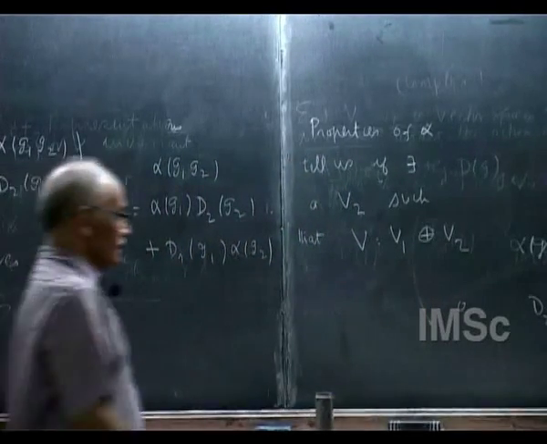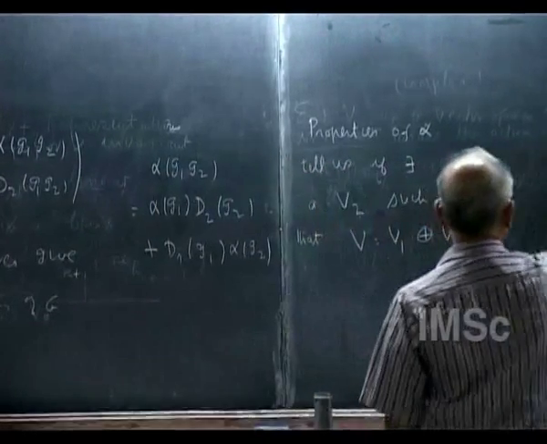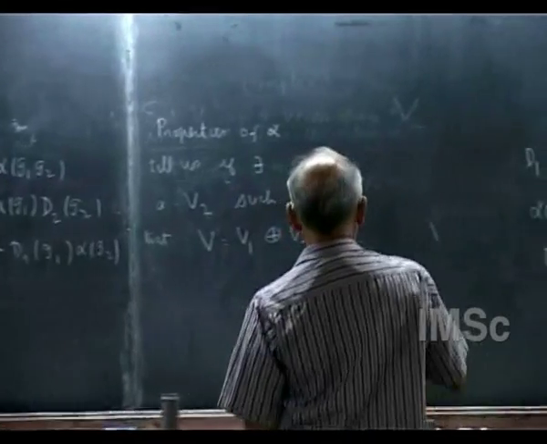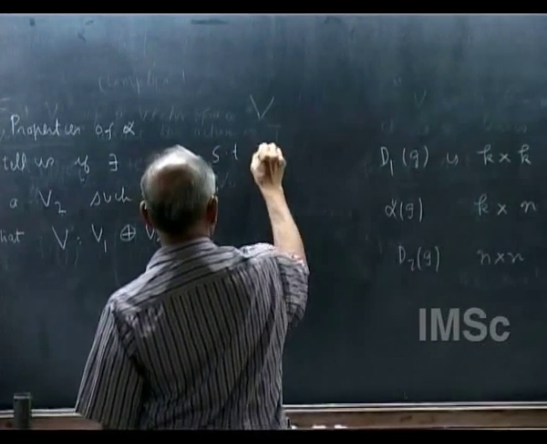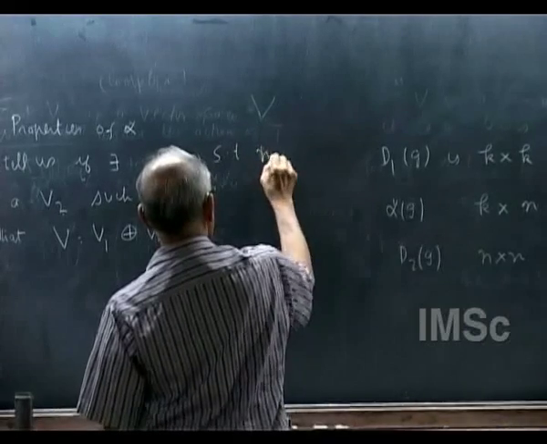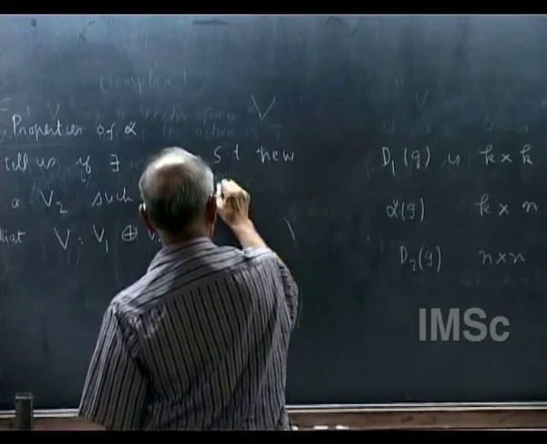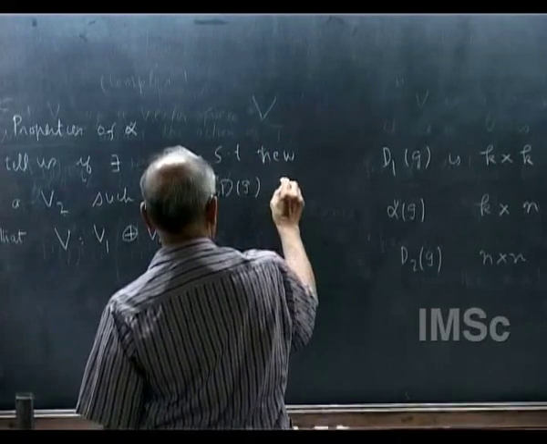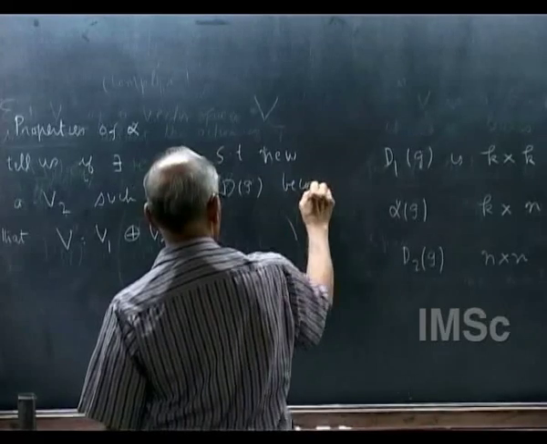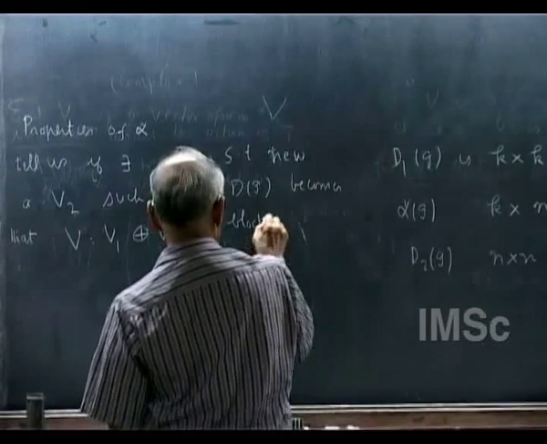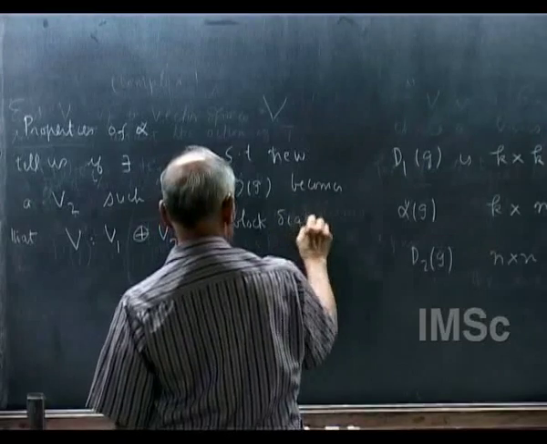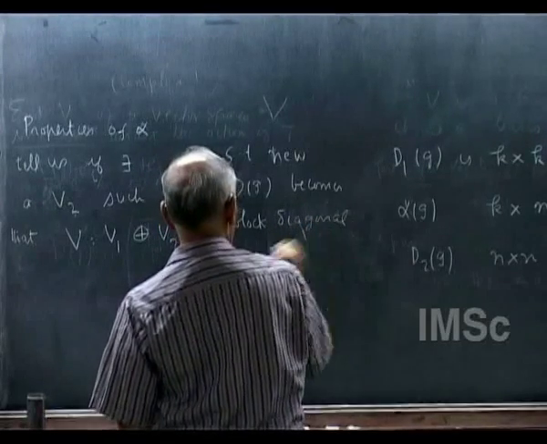I have not told you what the complementary subspace is, such that the new D(g) becomes block diagonal, that is, with alpha 0.